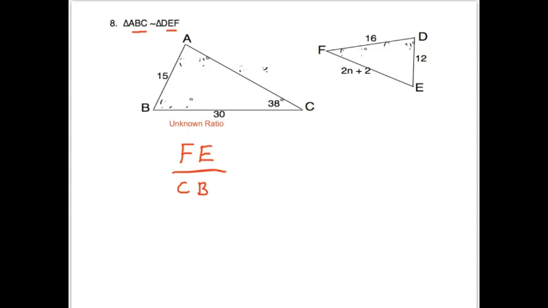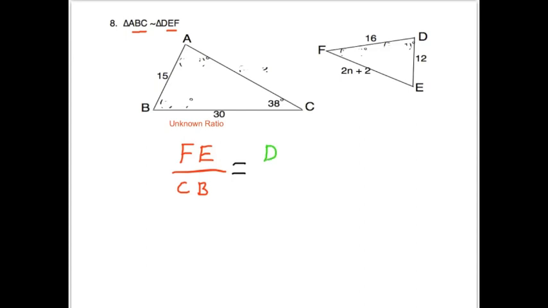In order to solve that, we'll need to set that ratio equal to a known ratio. The only known ratio we have, remember, was 15 and 12. So DE and AB. Now, since I have FE on the top of this ratio, and FE is the second triangle, I need to put the second triangle on top in the next ratio.